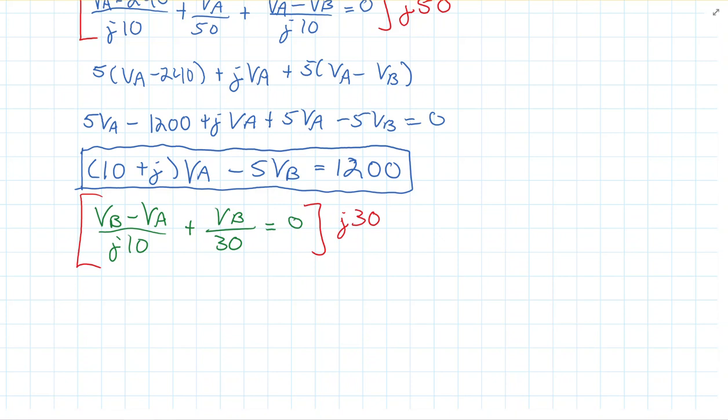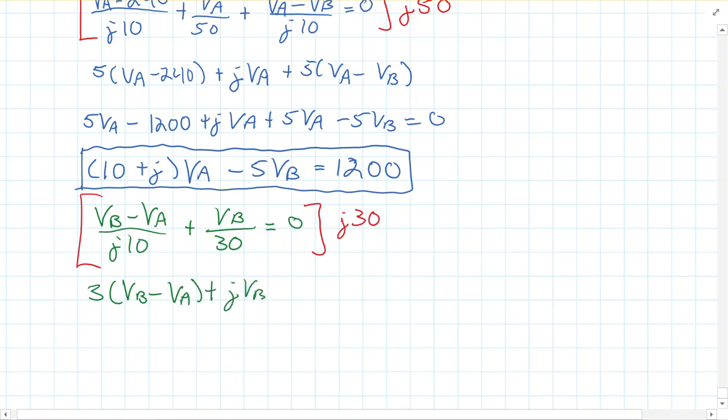And if I multiply by j30, again, just being extra cautious, I'd have 3 times (VB minus VA) plus jVB equals 0. And this one's not as difficult to be careful with, so we'd have minus 3 VA plus 3 plus j VB. And so this would be my second equation.